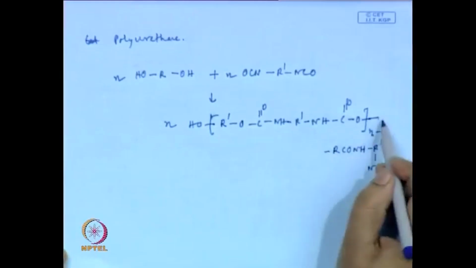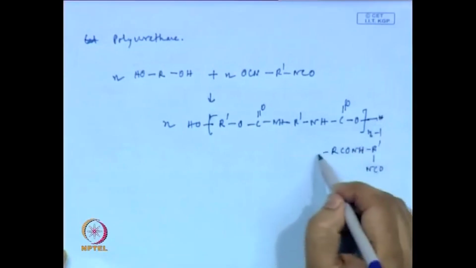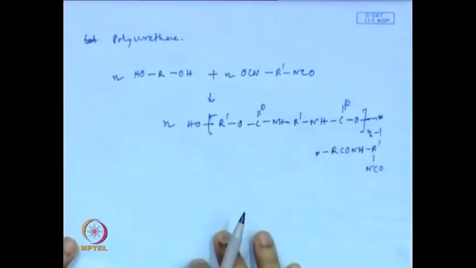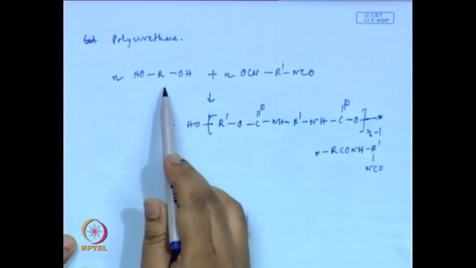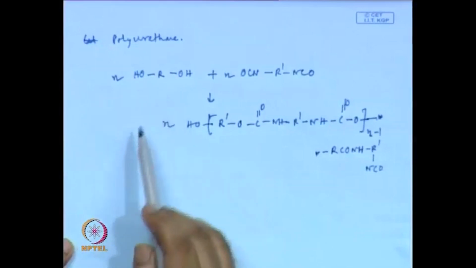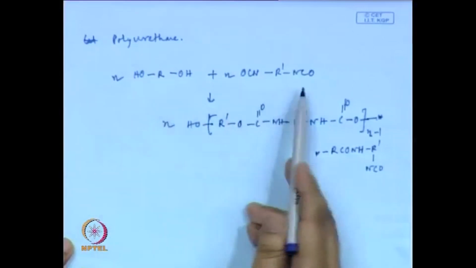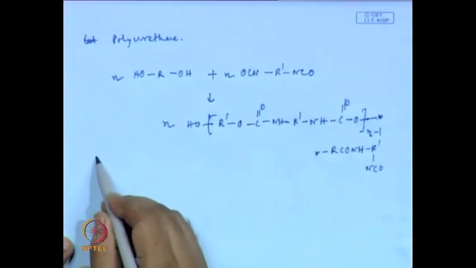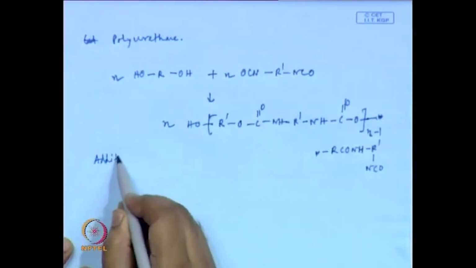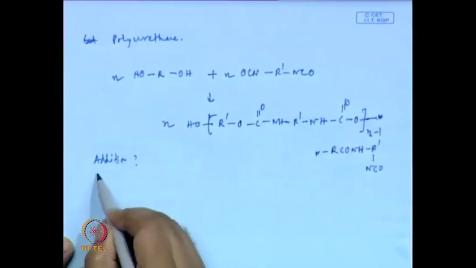So, this is a polyurethane which is synthesized from a diol and diisocyanate. Now, what do you call this? Addition polymer or a condensation polymer?